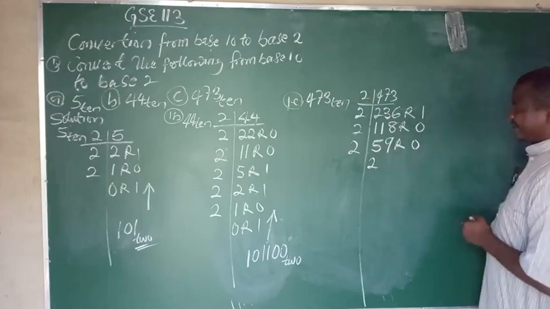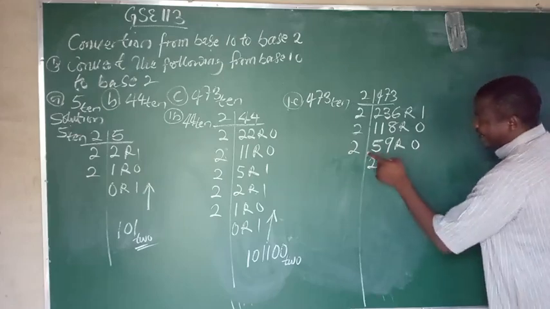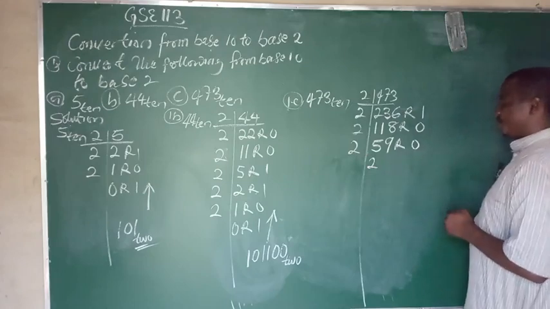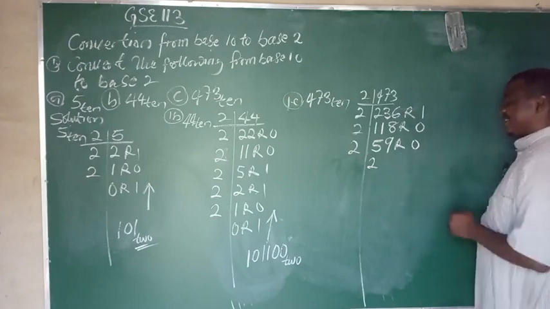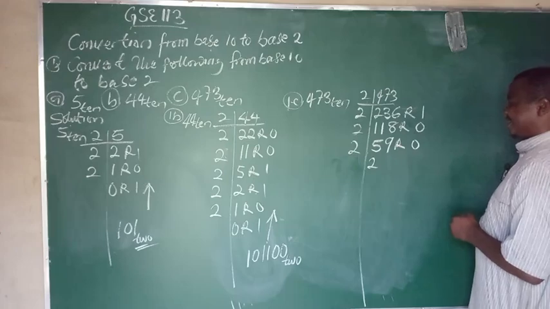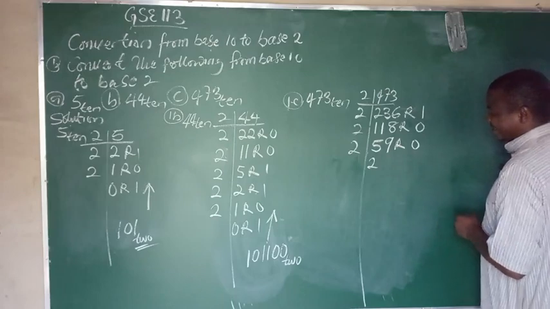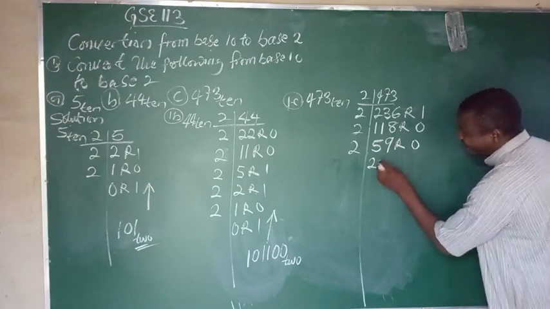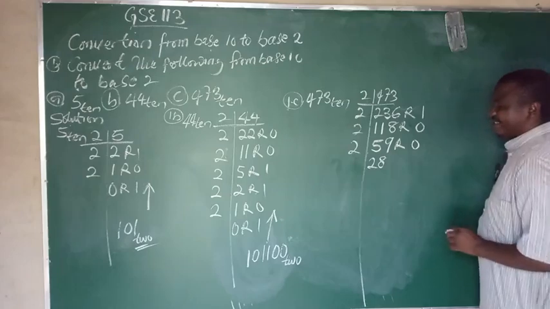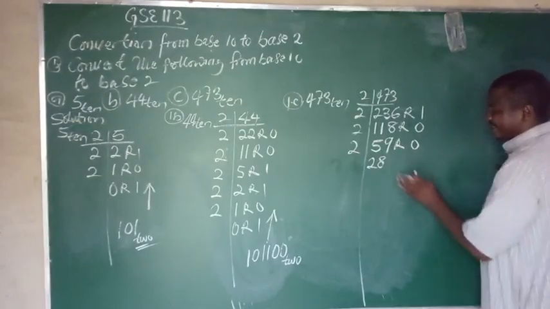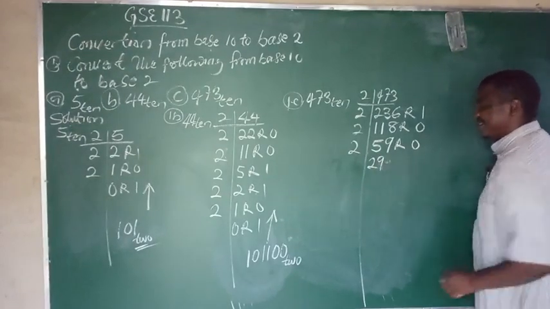And then we have 19. So we say 2 into 19, it will go there 9.